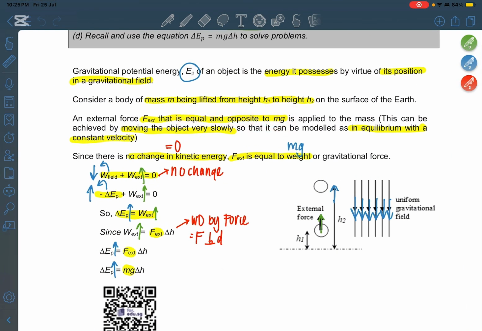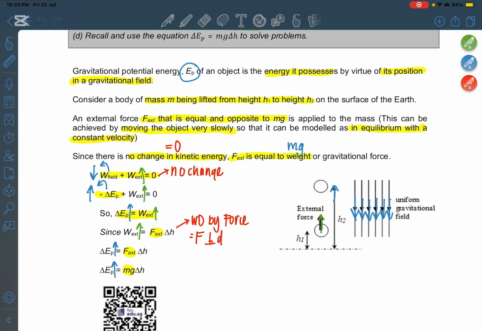So how do you do this? Realistically, you have to move the object very slowly so that it can be modeled as an equilibrium with a constant velocity. So remember, constant velocity.